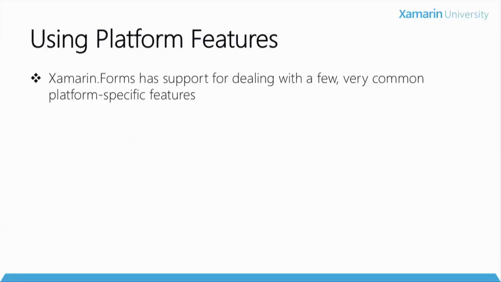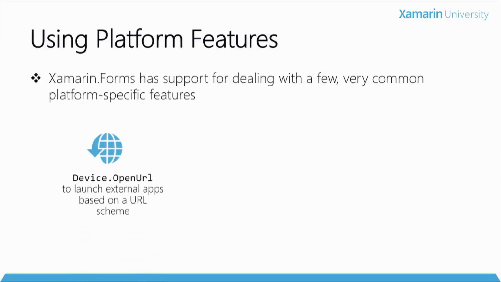Xamarin.Forms has support for a couple of other useful features. For instance, there is device.openURL. You can use that to open any URI using the platform-specific handler. So on iOS, this will open Safari. Then we have page.displayAlert, and you can use that to show simple 2-button modal message boxes.